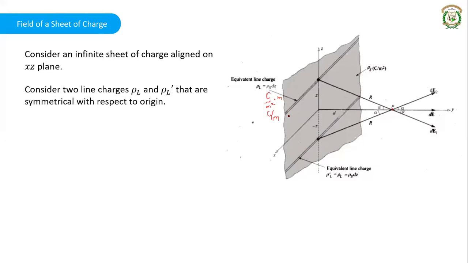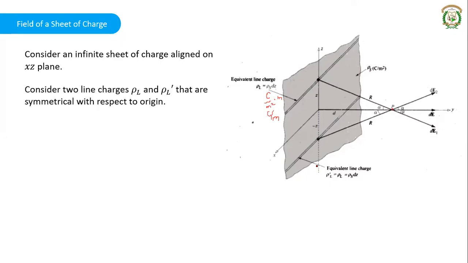Both lines are infinite in length along the x-axis, from minus infinity to infinity, so each is an infinite line charge. One is placed in the positive z direction, and the other in the negative z direction, also along the x-axis.